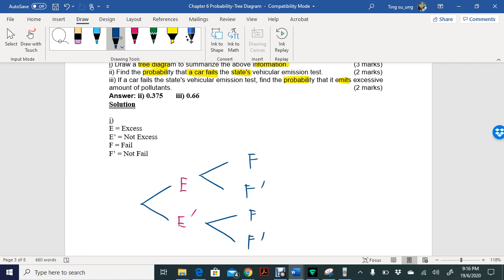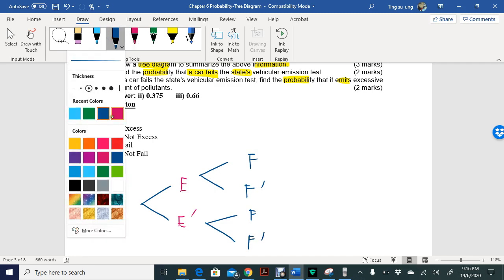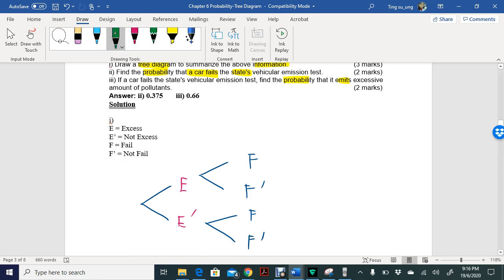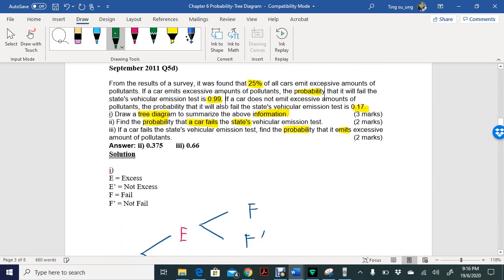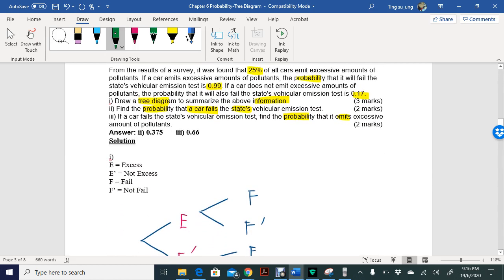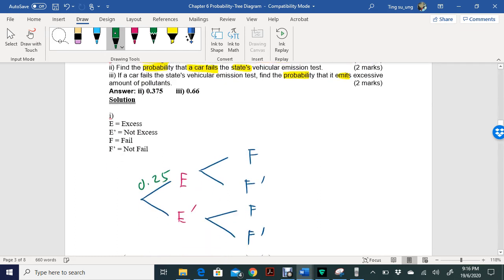Okay, so continue with the calculation. The question statement already tells you what you have. 0.25 excessive, so 0.25 is 25%, so the balance will be 0.75.